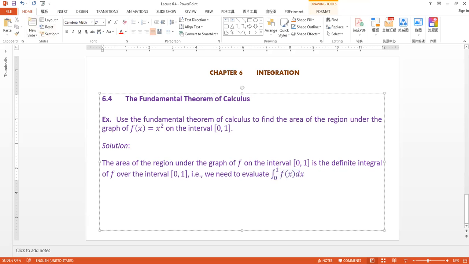So in the first step, we have to figure out what we need to do. Then we just use the rules for integration to evaluate this integral. Now f(x) is just x squared, so we can replace f(x) by x squared. We call it the integrand.